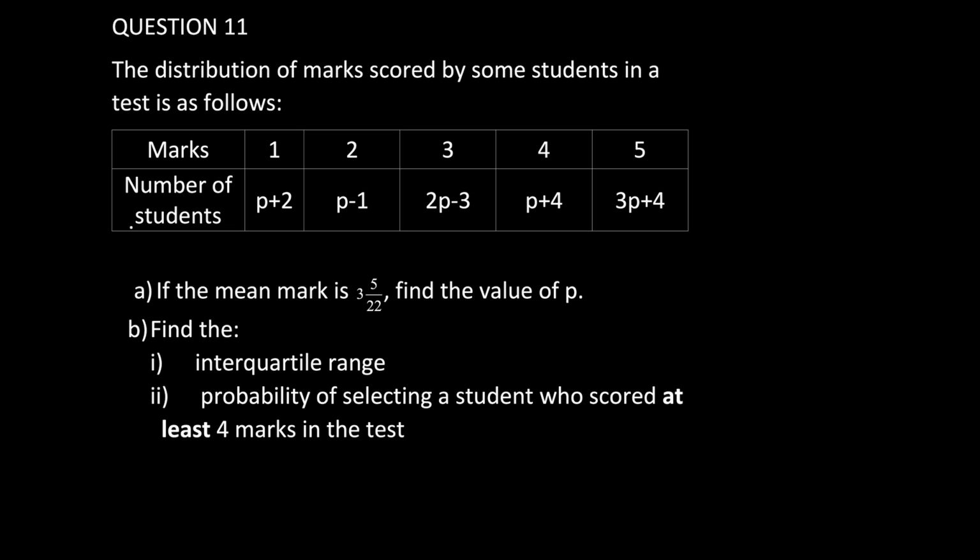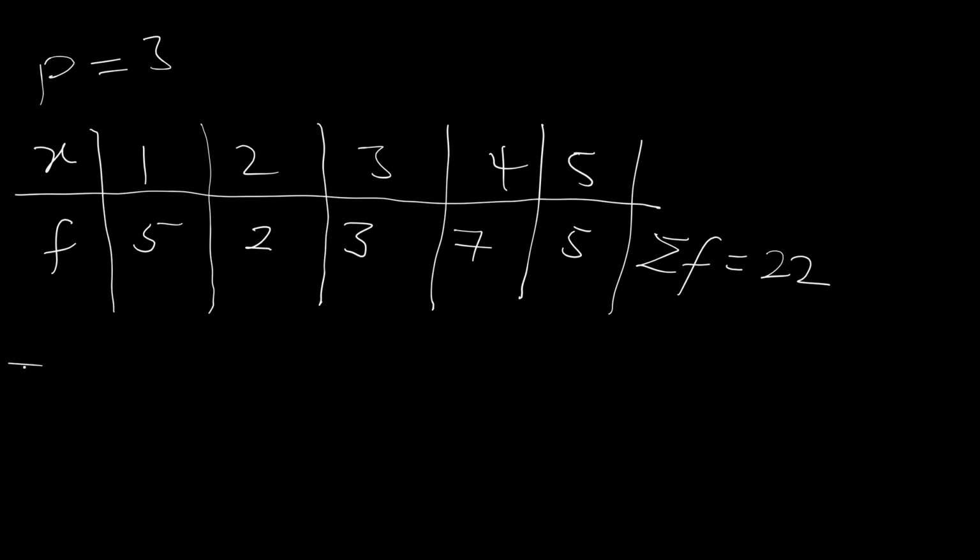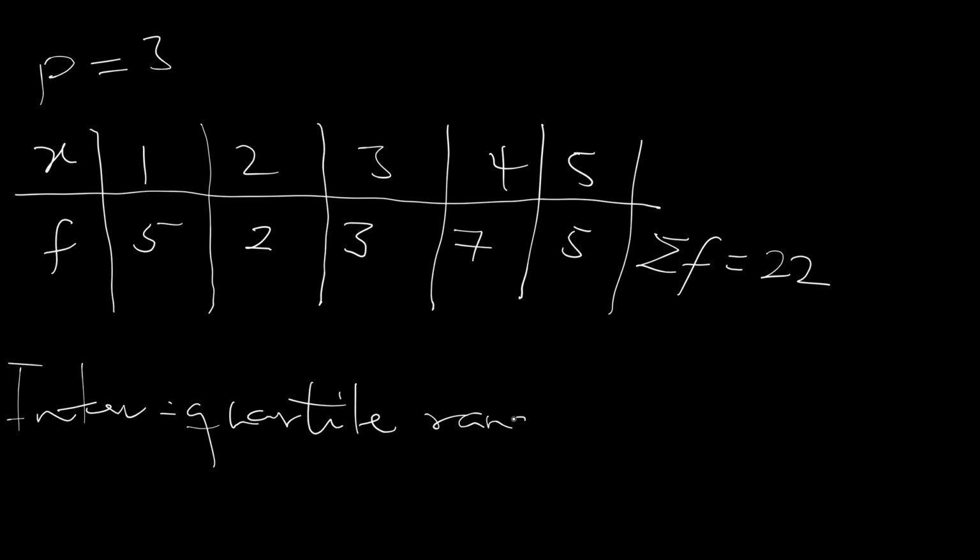So 11B, find the interquartile range. So we know that our interquartile range will be equal to the upper quartile minus the lower quartile. And the upper quartile is equal to 3 over 4 times the sum of f.